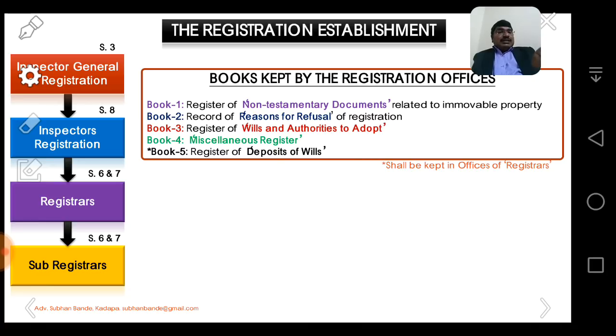But the register of deposit of wills, that is Book number 5, shall be kept in the offices of only the registrars. The rest of the books are kept in the offices of both the registrars as well as sub-registrars. This is the rule.